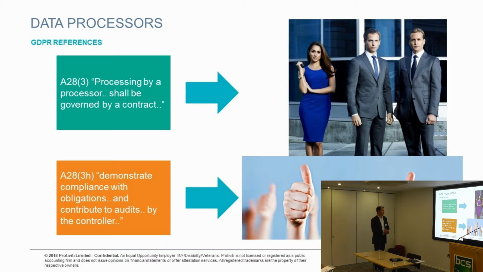The other aspect of Article 28 relates to compliance with your obligations, and specifically the completing of audits. So how are you going to get comfort over your third-party risk? That's more than just contractually having an awareness, but also giving yourself some assurance over those third parties.